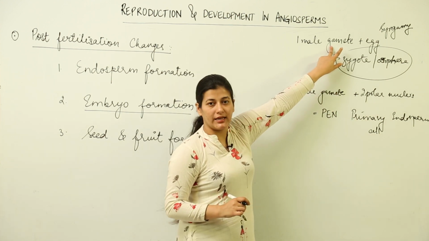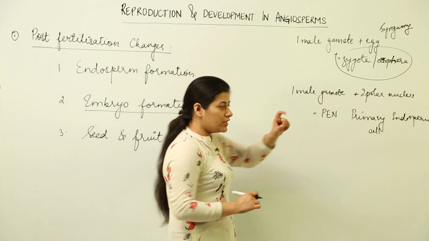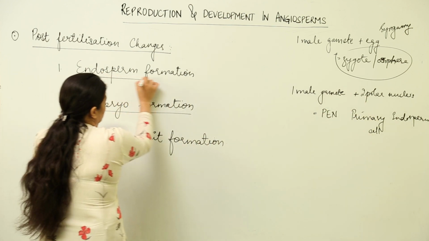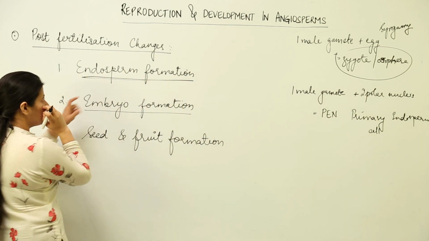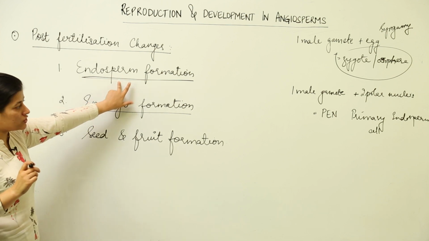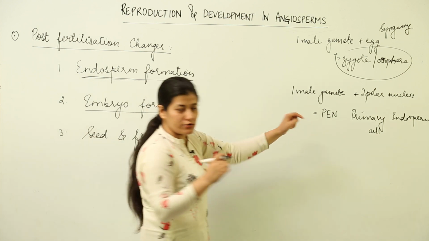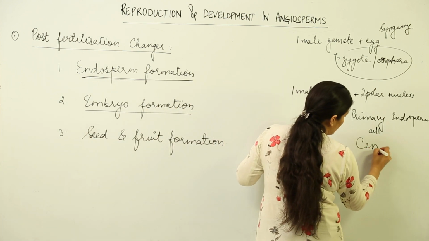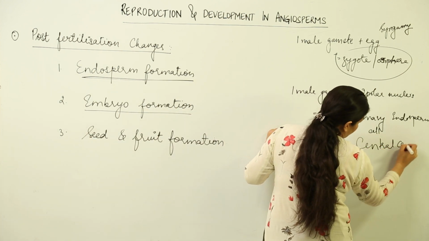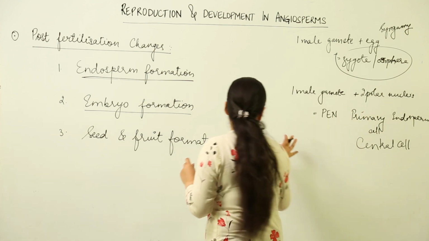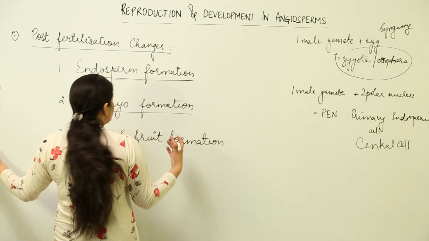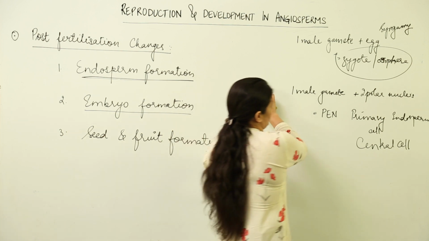While this one was syngamy, this one triple fusion is studied in the post-fertilization development, where we have endosperm formation from the primary endosperm cell. Now this primary endosperm cell was formed from the 2 nucleate central cell. This endosperm is for nutrition of the embryo.